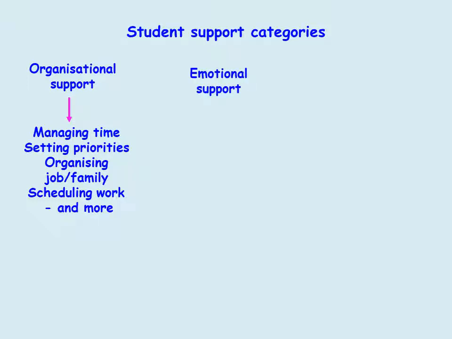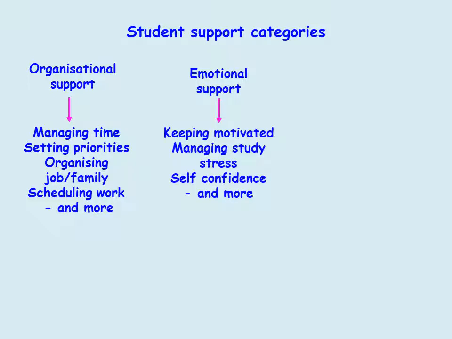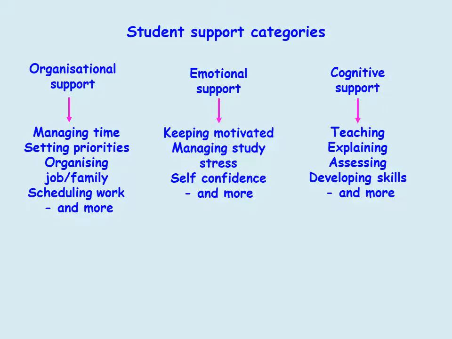Emotional support is all about feelings, about helping students to stay motivated, manage their study and exam stress, develop self-confidence, and so on. Cognitive support is all about teaching, explaining, assessing, giving feedback, and developing students' skills, and so on.